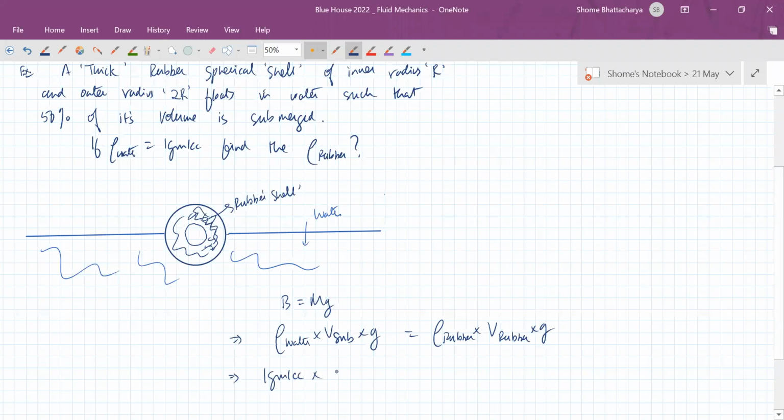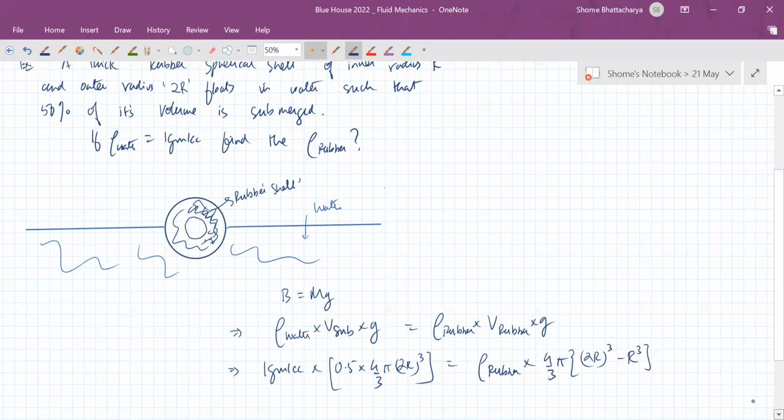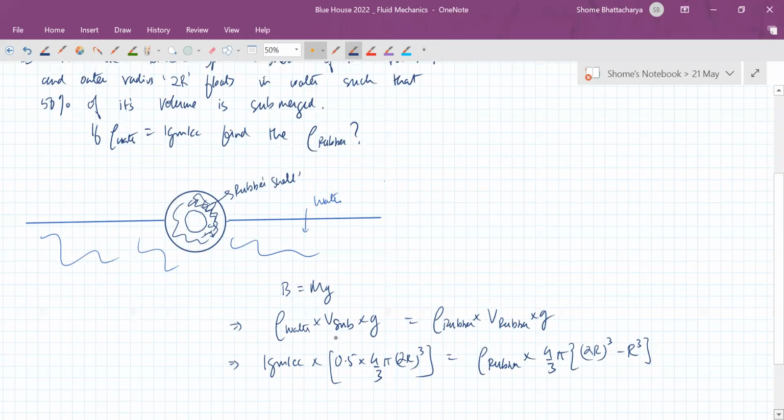Now the submerged part is 50% of the total volume. That's this much. Whereas the volume of rubber will be 4/3 pi into outer radius cube minus inner radius cube. So this is our relation now.